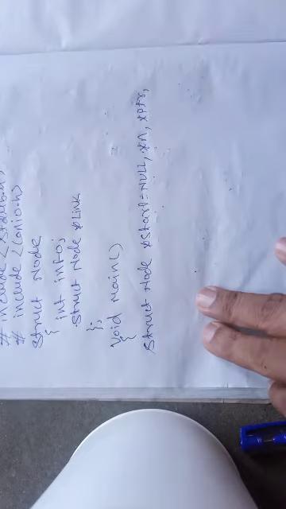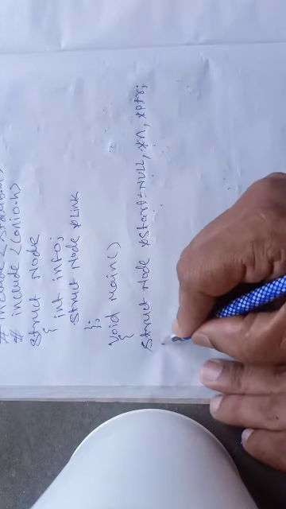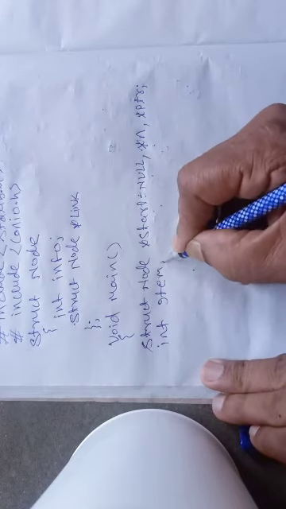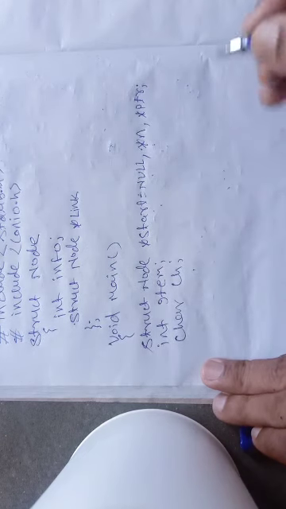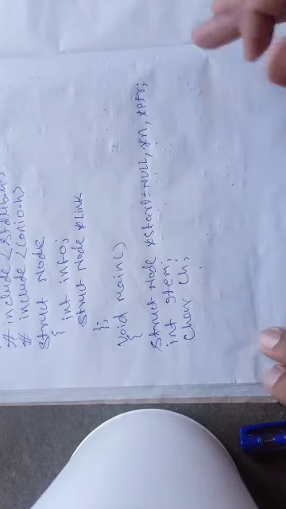This will be required for traversal purpose. Now I'll create an integer variable int item. Then we also need char ch, a choice variable, whether to add a new node, yes or no.